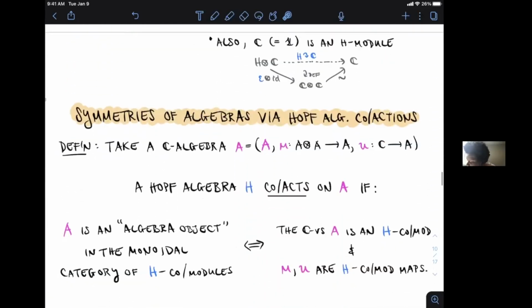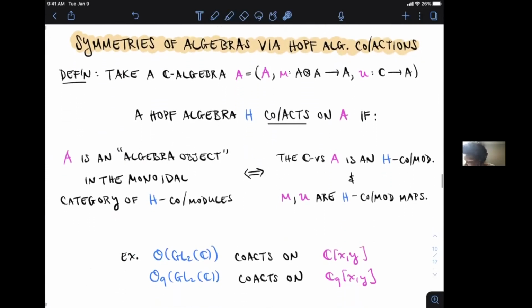Okay, so given that, what exactly is an action, a co-action? Remember, that's synonymous with symmetry. So if I take an algebra here, what do I mean by a Hopf algebra acting or co-acting on it? Once you have a monoidal category, you can take algebras in it because you can form multiplication and unit.